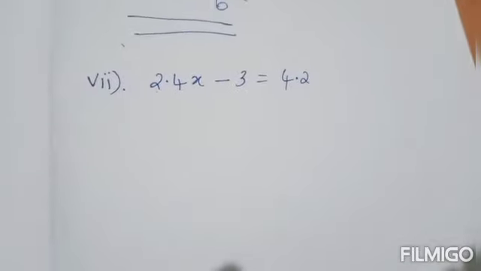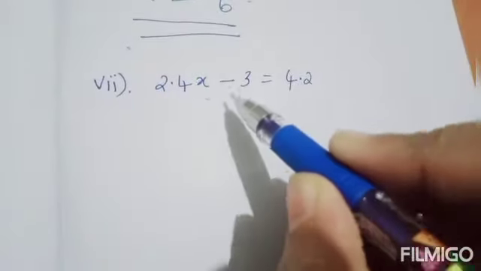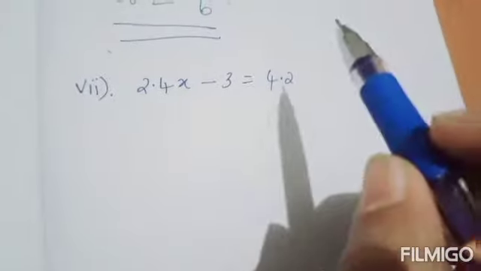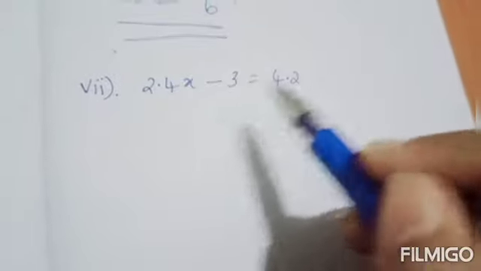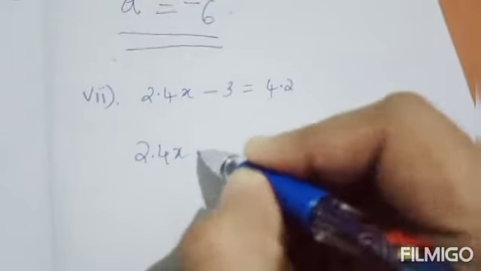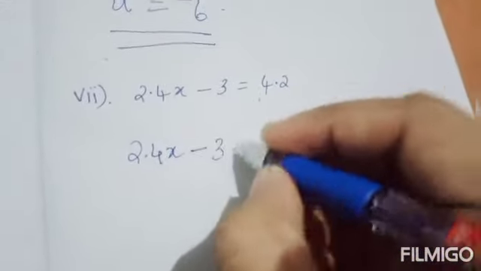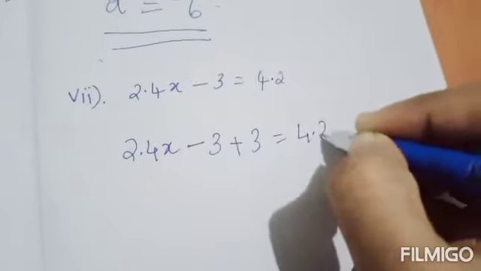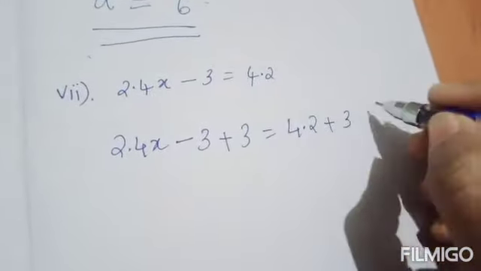Seventh question, 2.4x minus 3 equal to 4.2. So here minus 3 is coming. So first add 3 on both sides. So you will get 2.4x minus 3 plus 3 equal to 4.2 plus 3.